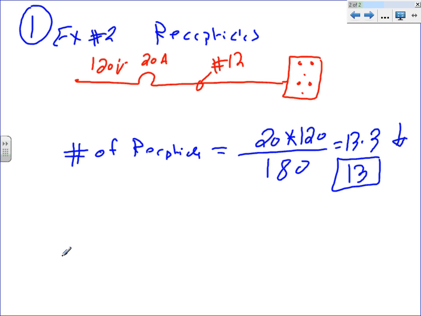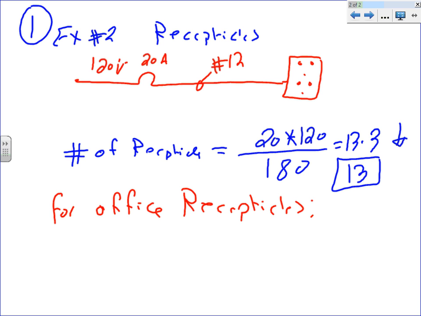For office receptacles, guys, any office type receptacles, not hallways, anything where you have offices, cubicles, meeting rooms, all this stuff, here's a design criteria: 50% of what you just came up with, of 13.